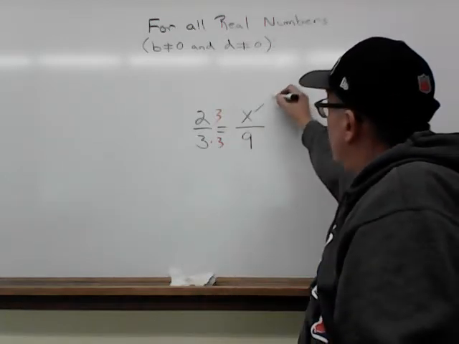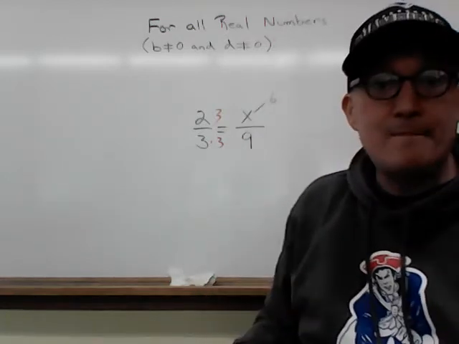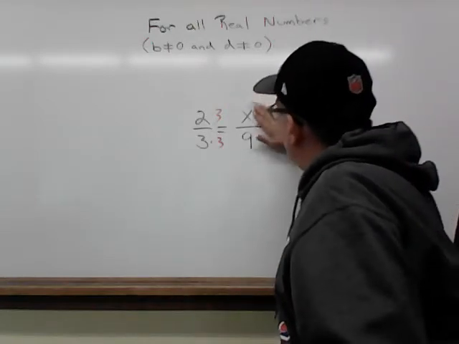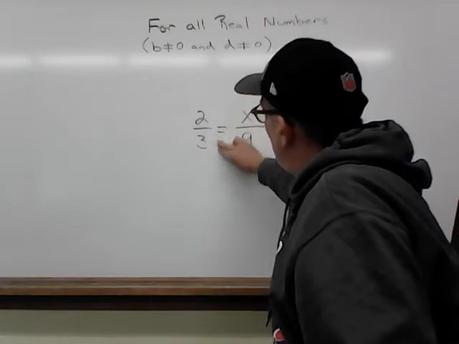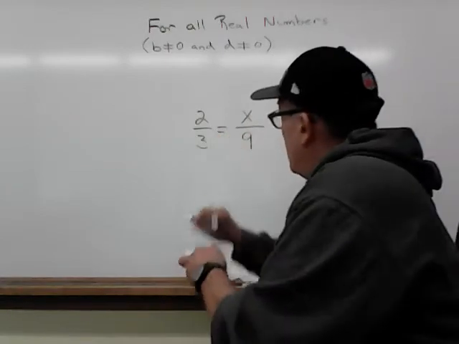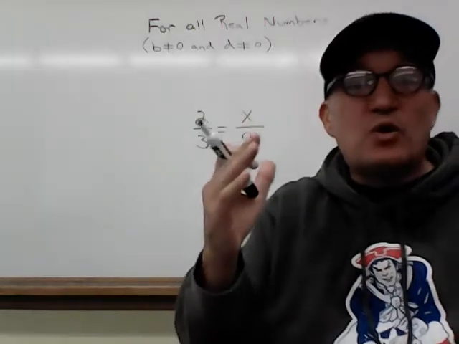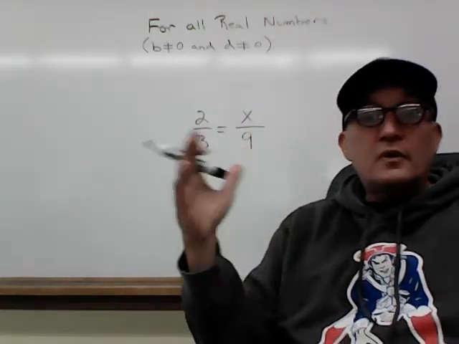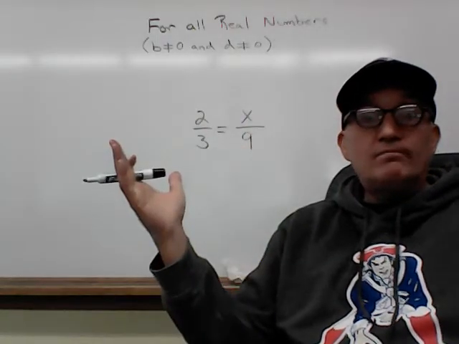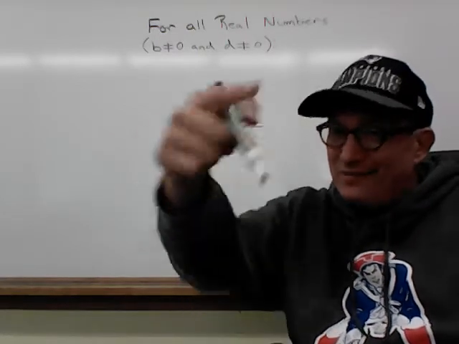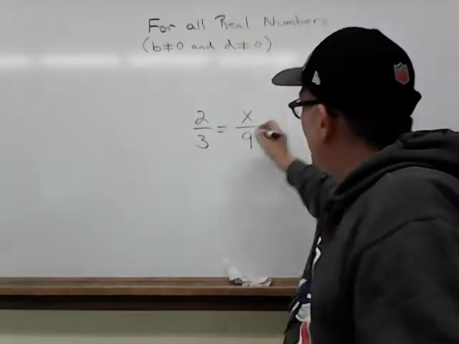So this x here is 6. Easy. But let me show you how the diagonal cross product truth can help us in this area. We don't really need it here, but we're going to need it in the future.